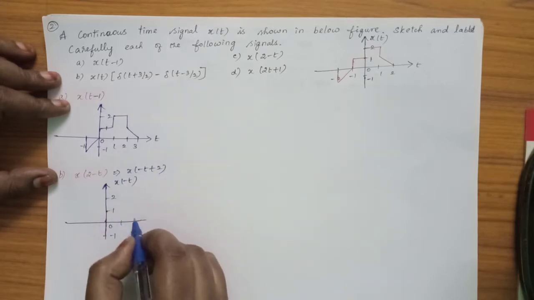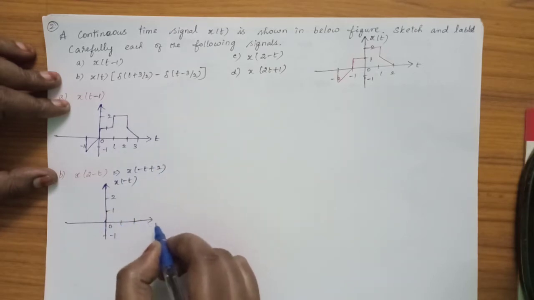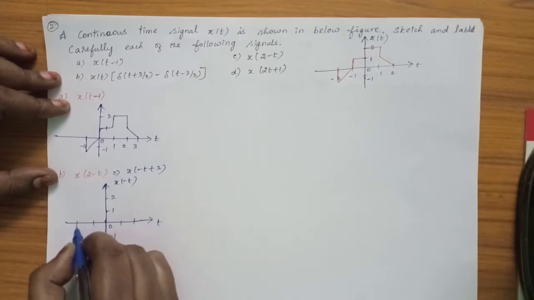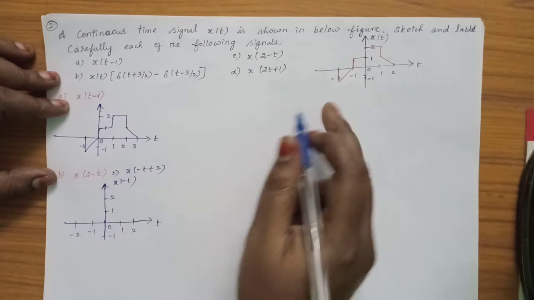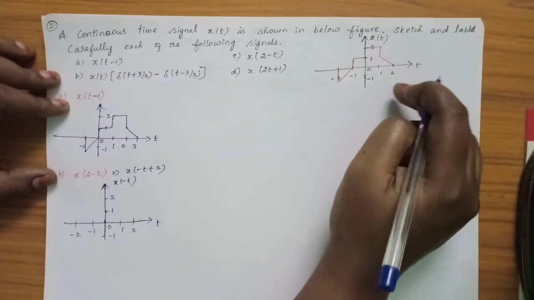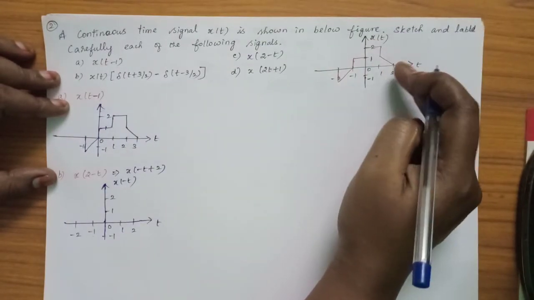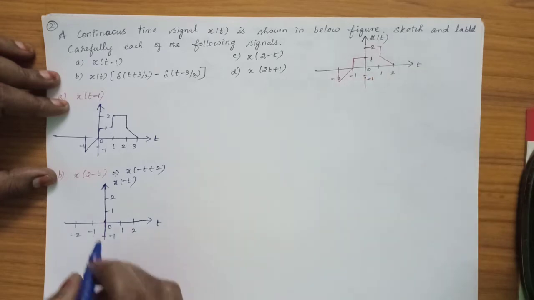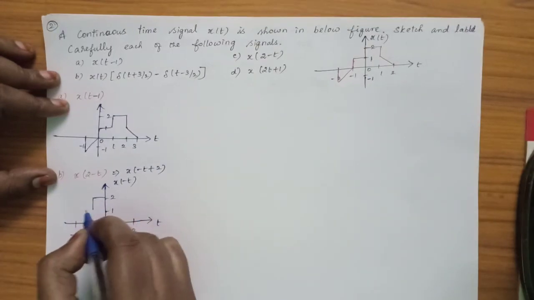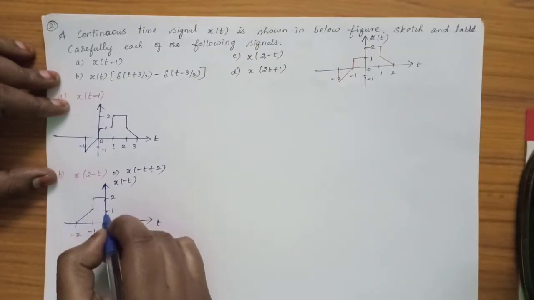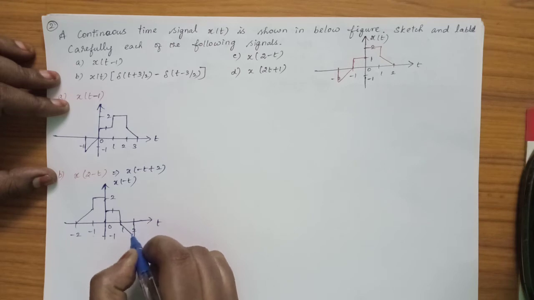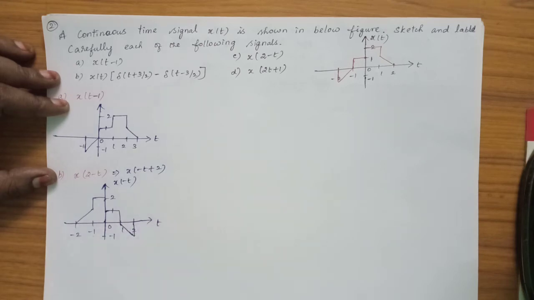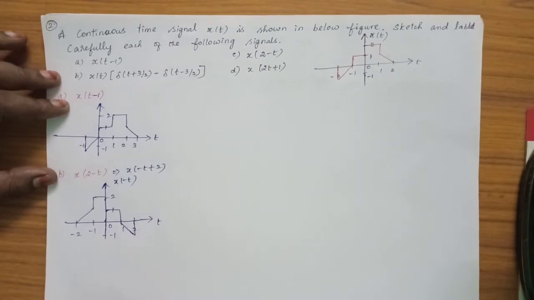So if I flip the signal about the y axis, whatever portion is present on the right side will get reflected towards the left side. So I'll get a signal like this. Okay, this is x of minus t.